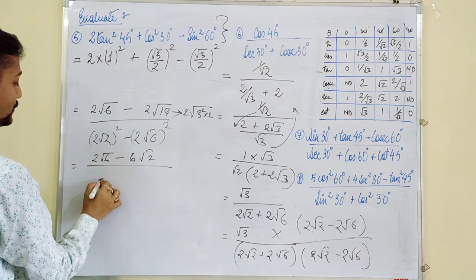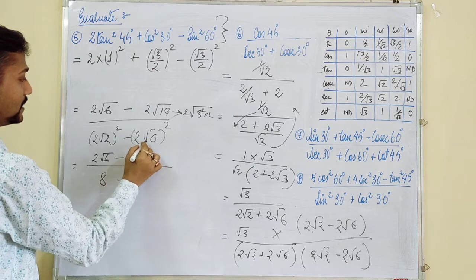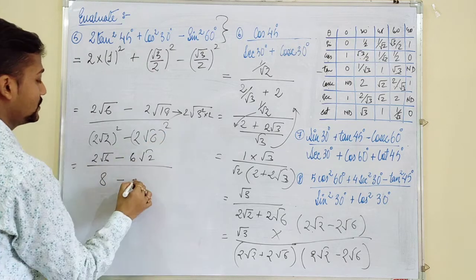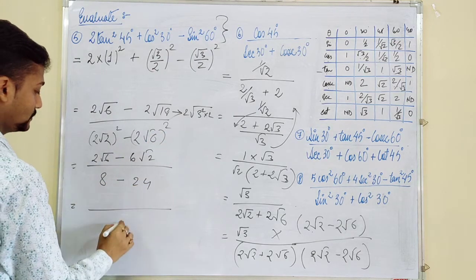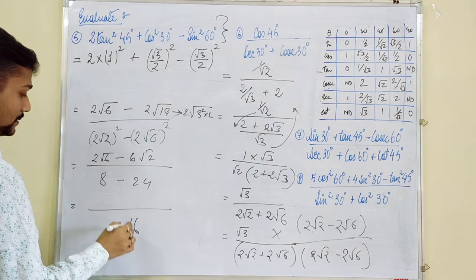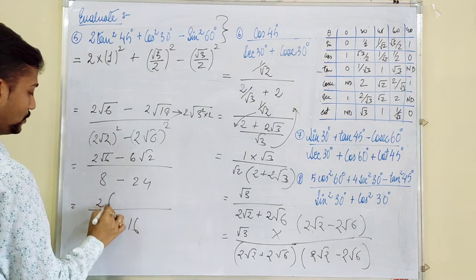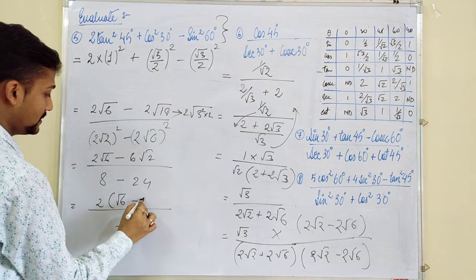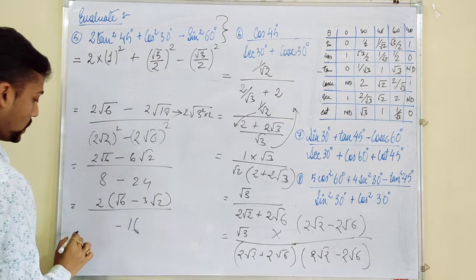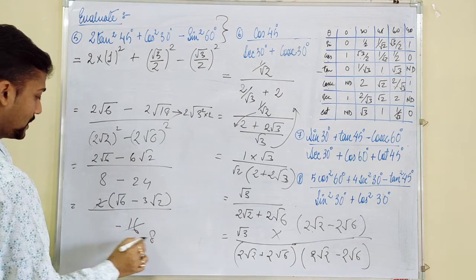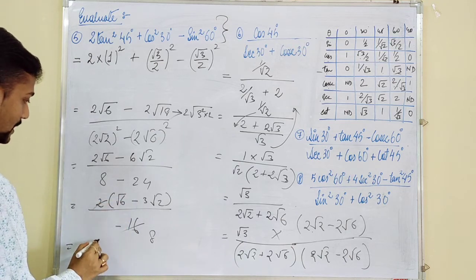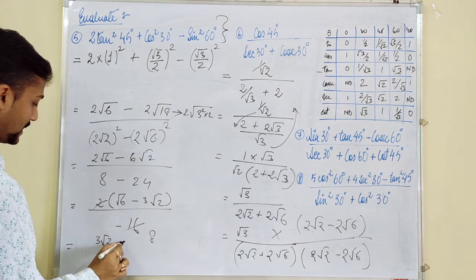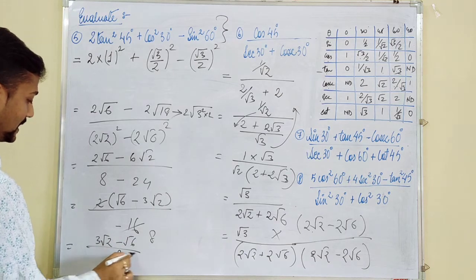So it will be 2 2s are 4, 8, minus 2 2s are 4, 4 6s are 24, minus 16. 2 common, root 6 minus 3 root 2, over minus 8. If minus goes up, it will become 3 root 2 minus root 6 by 8.